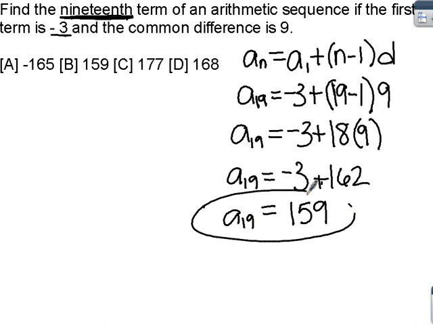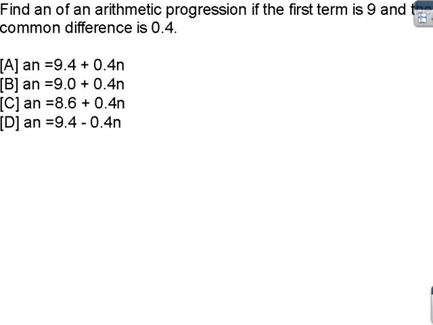Okay, one more example, and then we're all set. Find an arithmetic progression. Ooh, this is actually asking you for the equation. If the first term is 9 and the common difference is 0.4. So we're looking for the equation. I'm going to just start it here. We're not looking for a term.